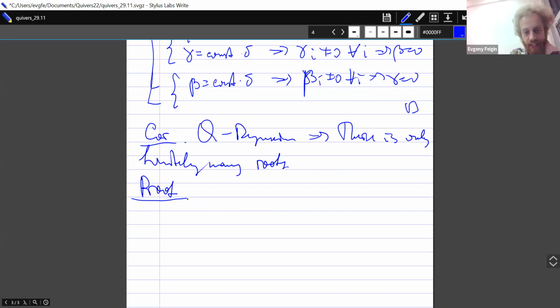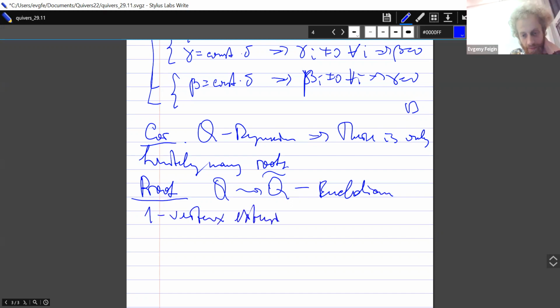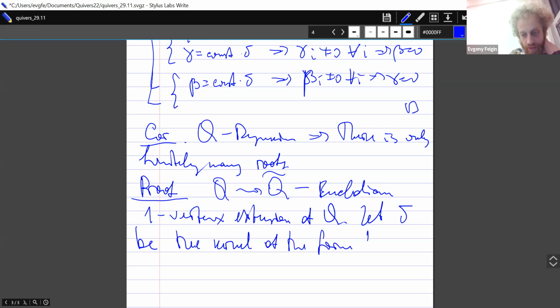Let's extend Q to Q tilde, the corresponding Euclidean one-vertex extension of Q, and let delta be the kernel of the form for Q tilde.